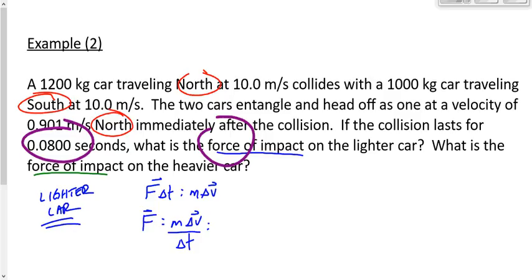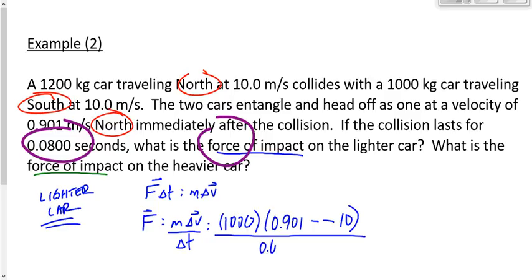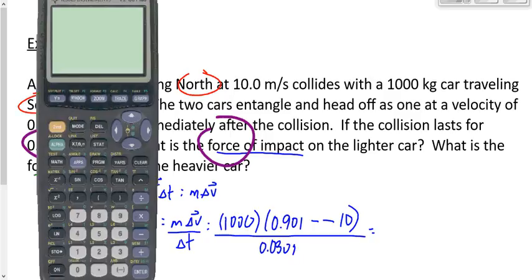We get 1000. Oh, careful here. Delta V, VF minus VI. VF is 0.901. VI is negative 10. So we're going to subtract negative 10. Divide that by the time of impact, 0.08. We're going to solve that.